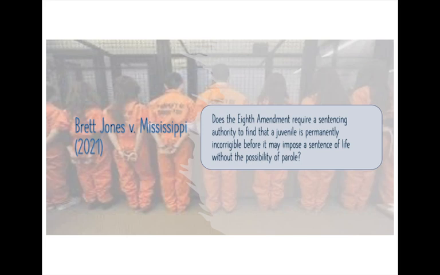I should point out that the Supreme Court began limiting punishment that could be given to juveniles in 2005 when they said that children couldn't get the death penalty. And then in Graham versus Florida, the Supreme Court said that only children who committed murder could get sentences of life without parole.